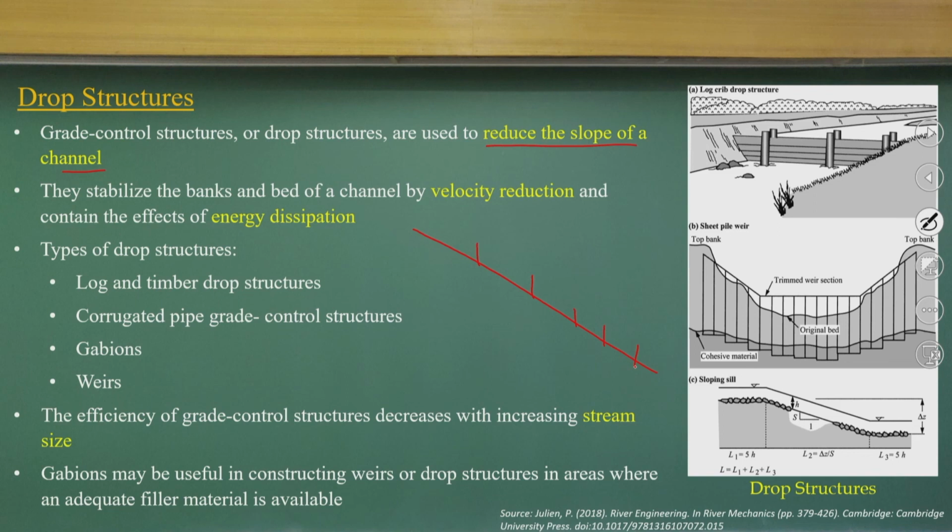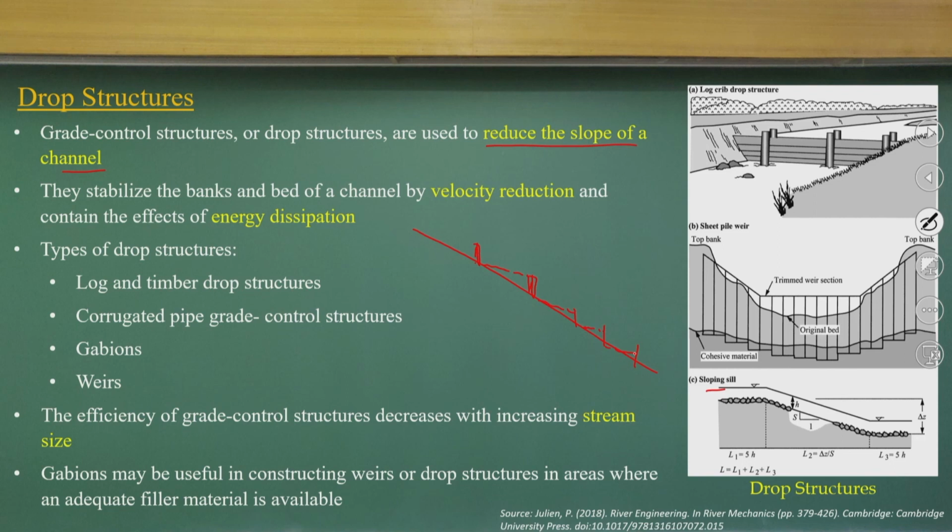These are valid for hilly regions where you have a steep gradient, and if you construct small drop structures, like timber or a sloping approach, slowly deposition will occur and it can modify the slopes.